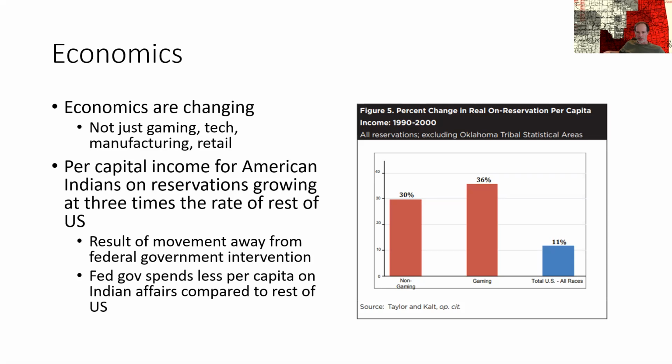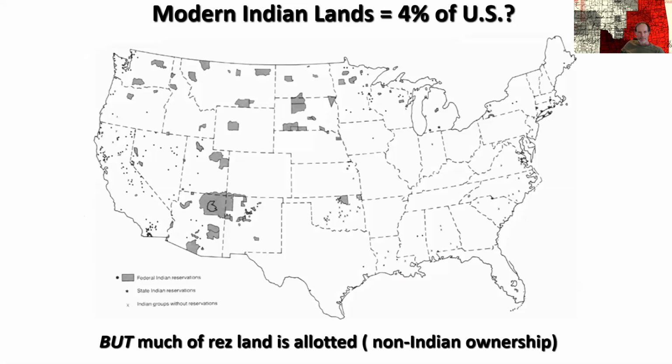This chart shows the changes in on-reservation per capita income from 1990 to 2000. You see a big increase through gaming, 36%, but still a big increase, 30%, of income from non-gaming. This compares to an 11% change in per capita income for the total US. So incomes are moving in the positive direction.